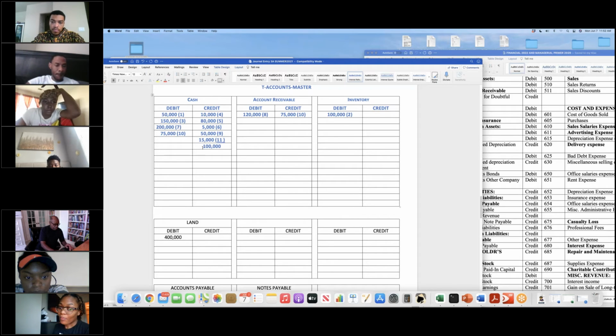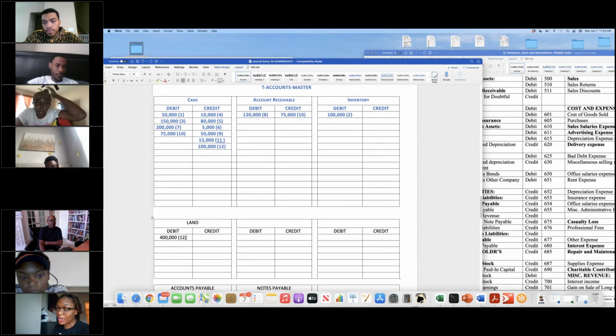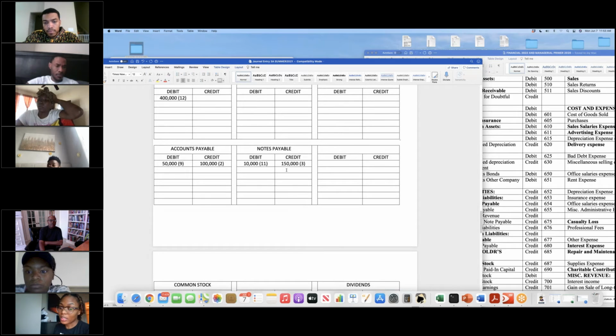This is transaction 12, wasn't it? Yes. And then go to notes payable and credit $300,000.